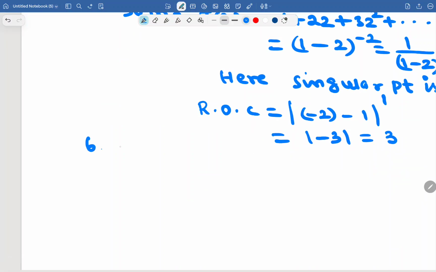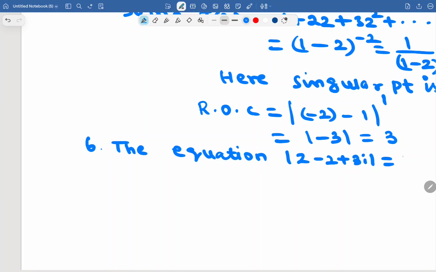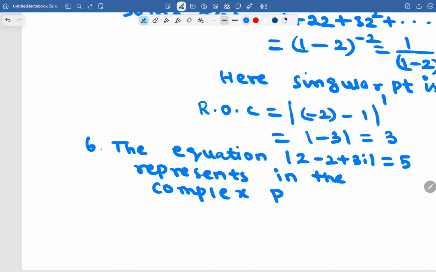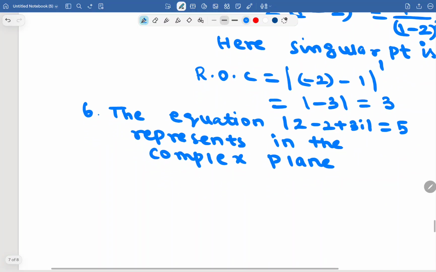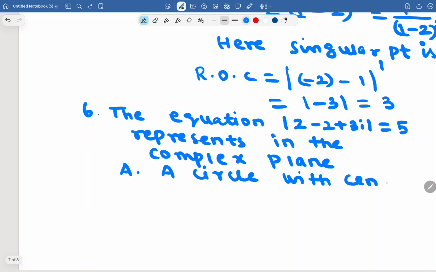Problem number 6. The equation modulus of z minus 2 plus 3i, which is equivalent to 5, represents in the complex plane: First option, a circle with the center minus 2 plus 3i and radius 5.